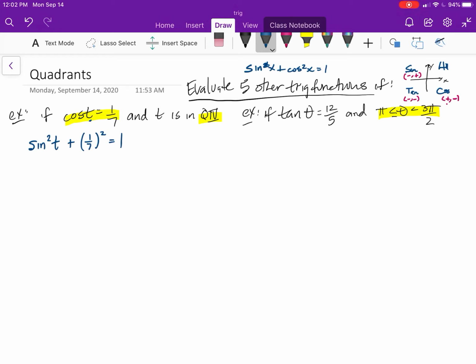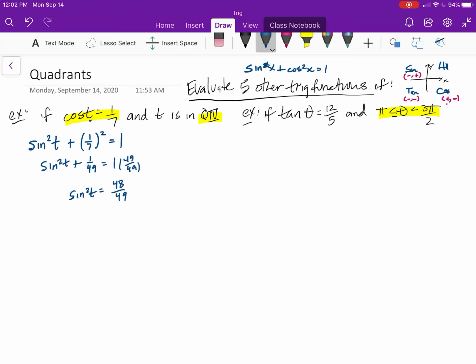That's true for any given angle. So therefore, 1 over 49 plus sine squared equals 1. Okay, subtract the 1 over 49, so 1 is 49 over 49, right? So subtract, we get 48 over 49.